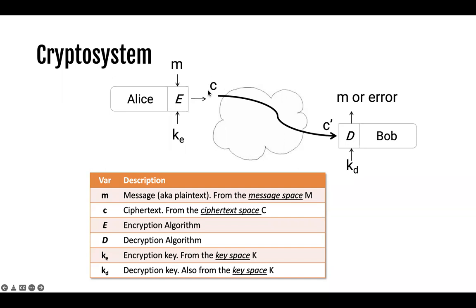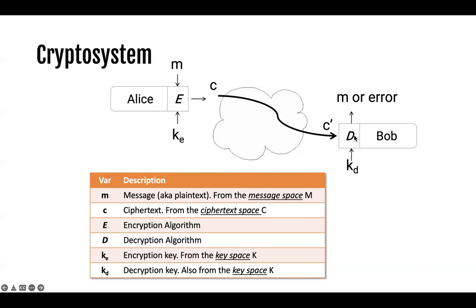Then the ciphertext C will be sent to Bob. This is a public channel. It is a dangerous place in the sense that the attacker sitting in the middle can possibly manipulate it, or possibly eavesdrop on it.